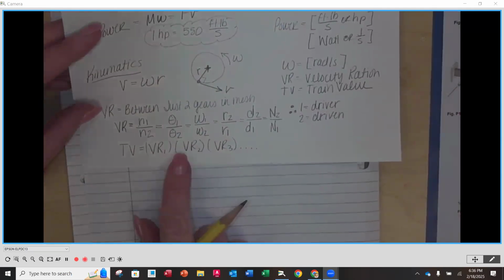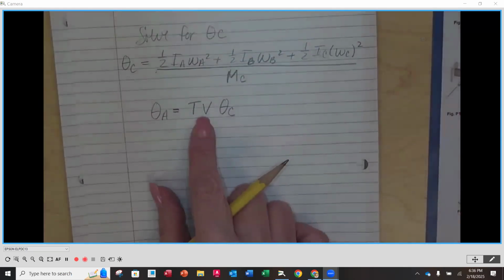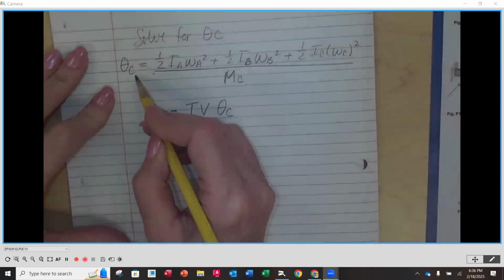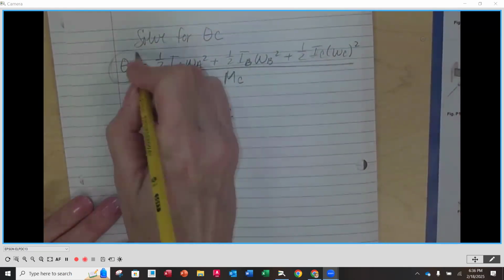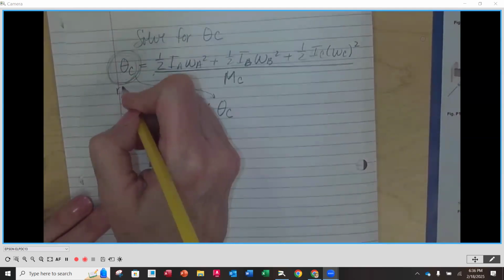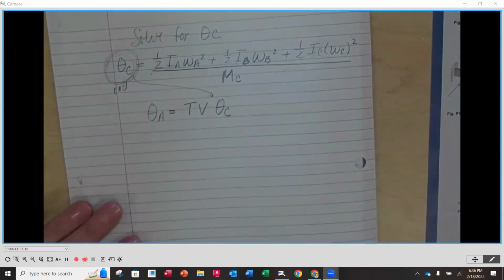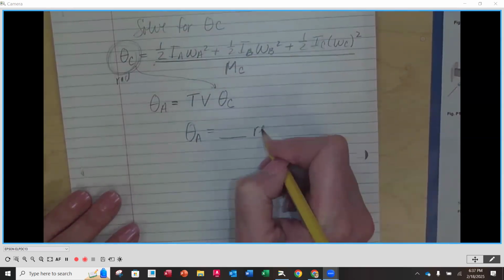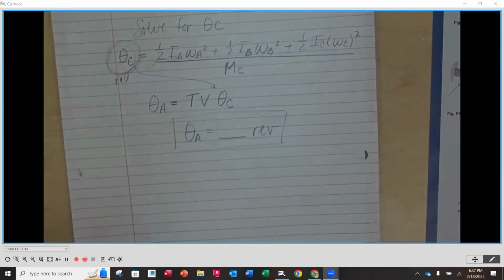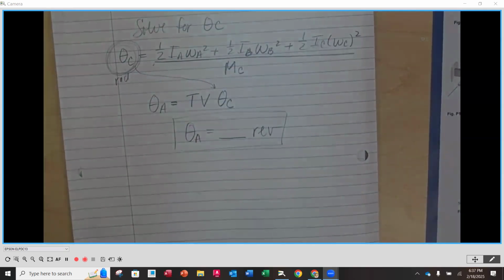You're going to multiply that train value by what you had there. And then remember, this value coming out of here is in radians. Theta A, you need to have in revolutions, so there's going to be a conversion that you have to do.